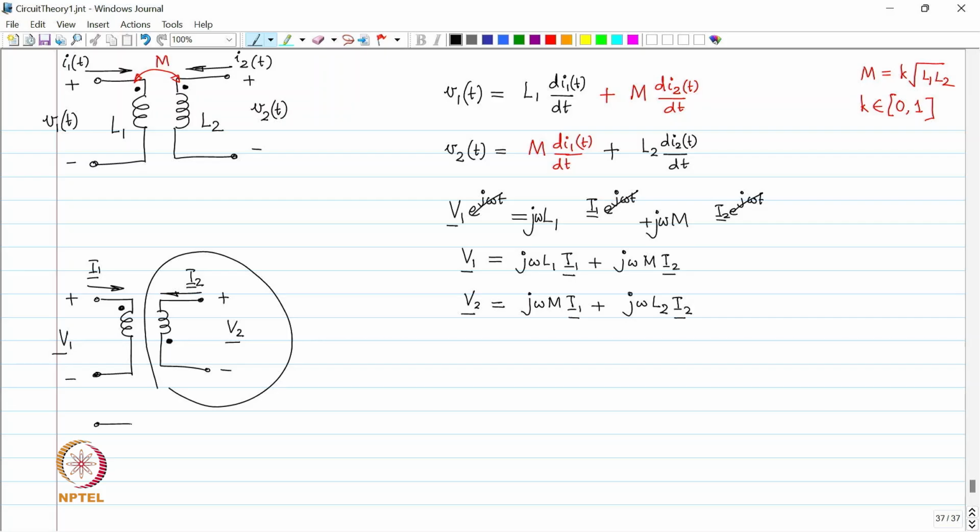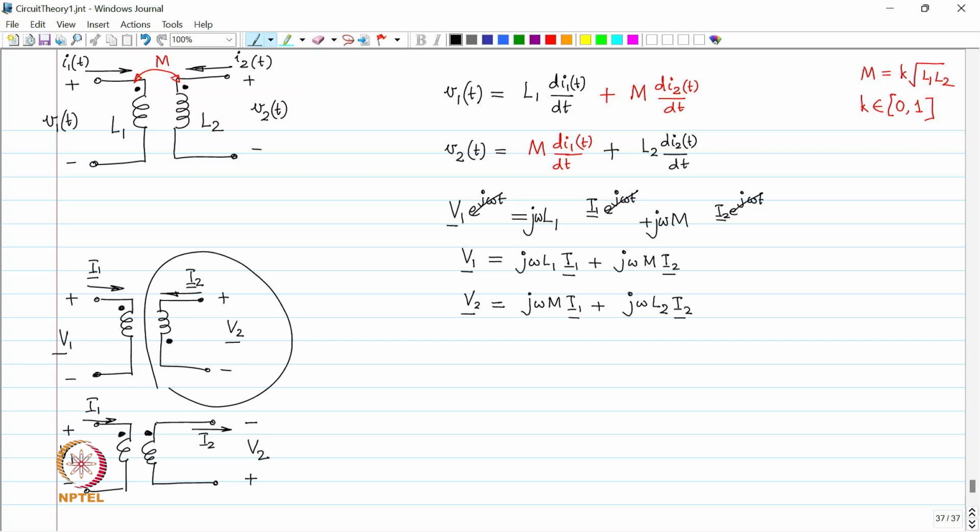You basically get, okay, V 2 becomes upside down and I 2 goes out.